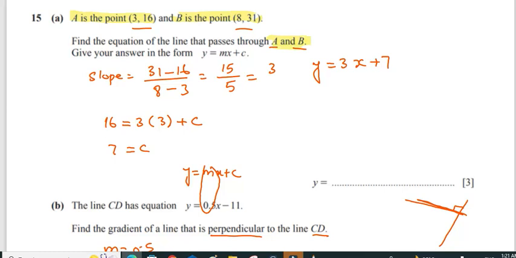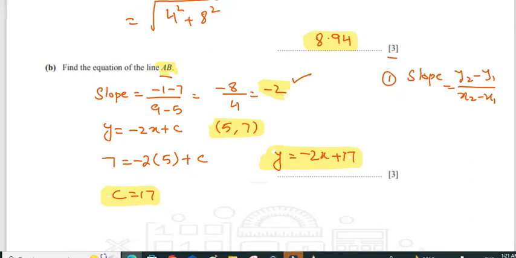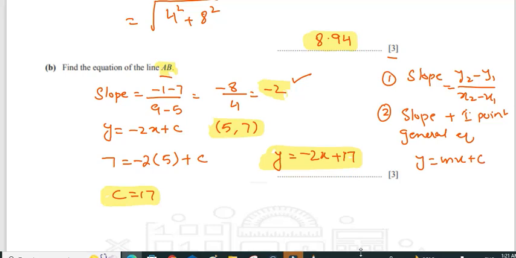So it's very simple now. You are provided with these 2 points. As you have already seen, if 2 points are given, first you have to find the slope. Second, you have to substitute the slope plus 1 point into the general equation, that is y is equal to mx plus c, and you will come up with the value of c.